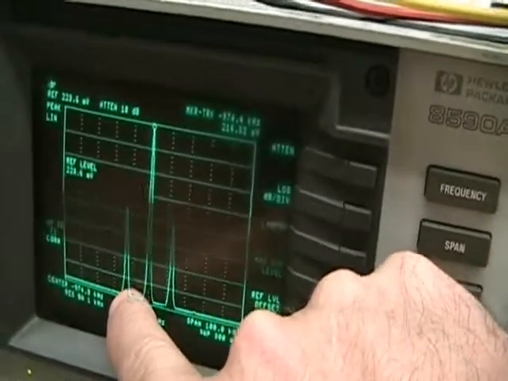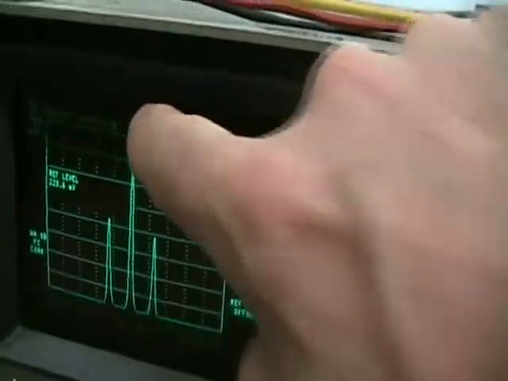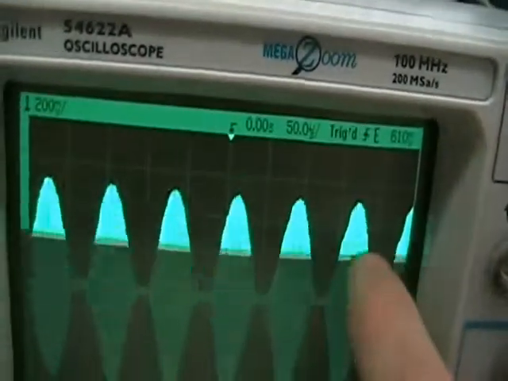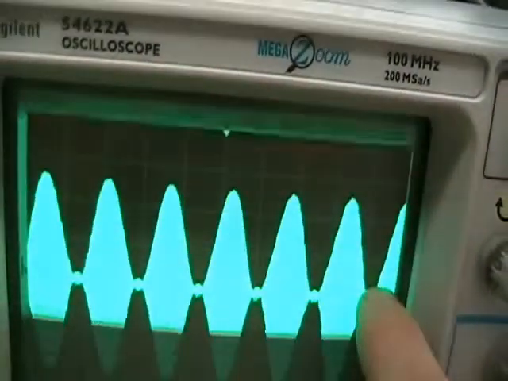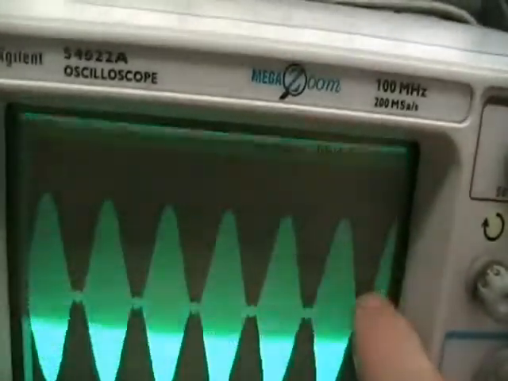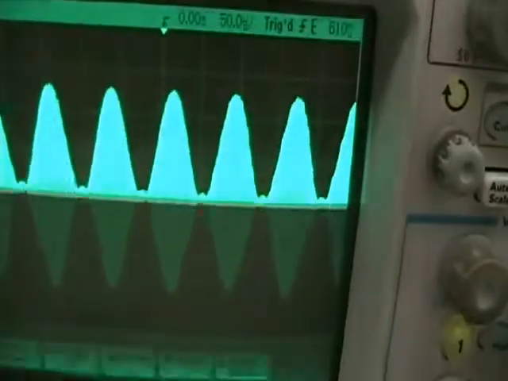E sub m over 2, E sub m over 2, E sub c. If we look here, the carrier's in the middle, E sub c, E sub m over 2, E sub m over 2. So the difference between the peak and the valley is E sub m. That's 100% modulation.